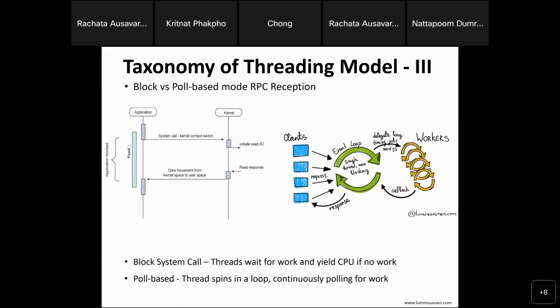You can also do the poll based. A block based means that I have a thread that waits, and then yields, right? So that's a blocking system call. A poll based means that the thread is spinning and polling for work.